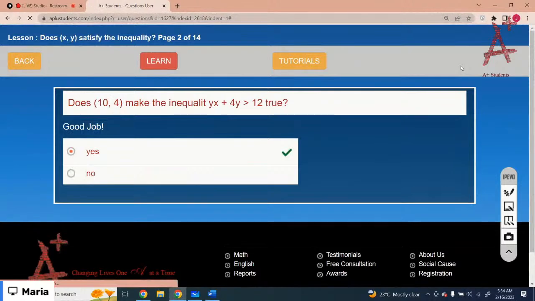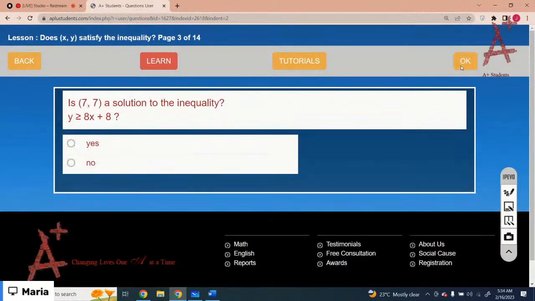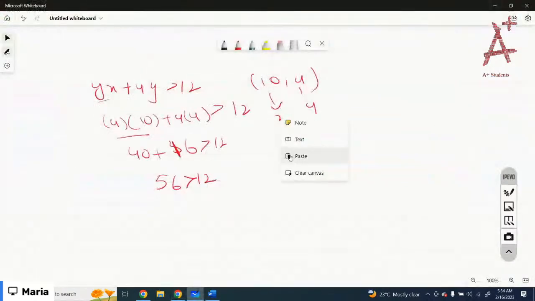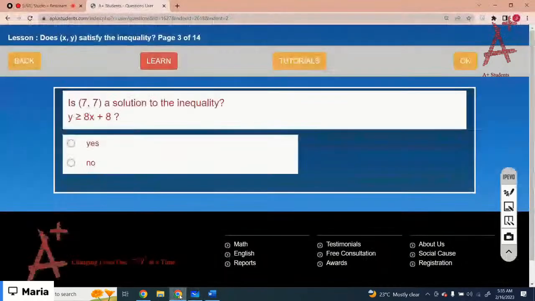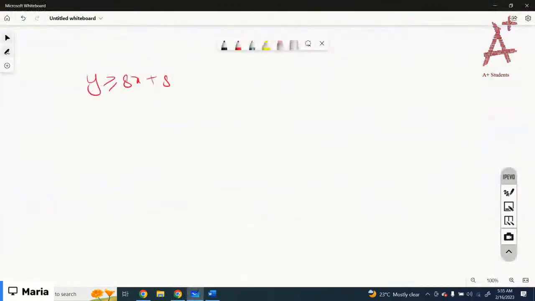Okay, the next one is, is (7, 7) a solution of the inequality? The inequality is y is greater than or equal to 8x plus 8, and the variable values are 7 and 7.